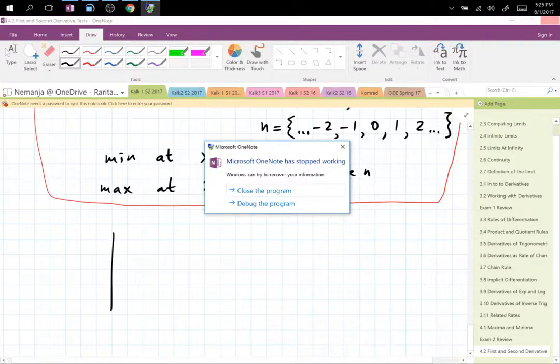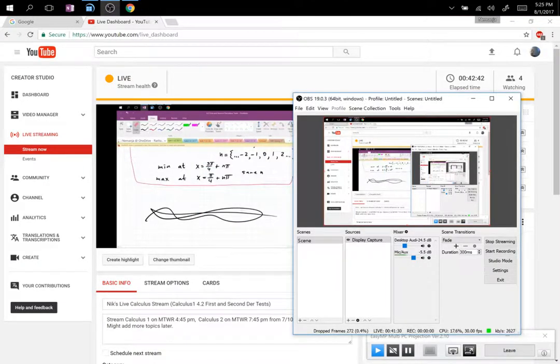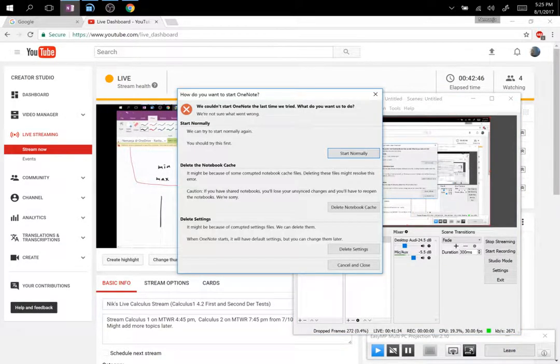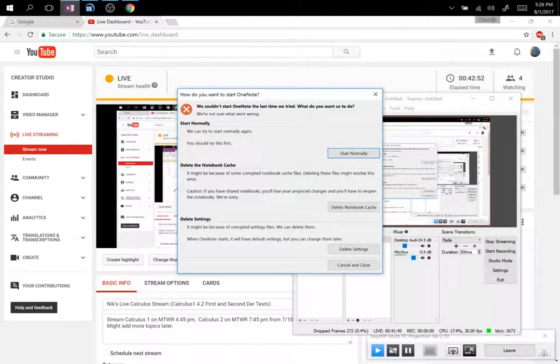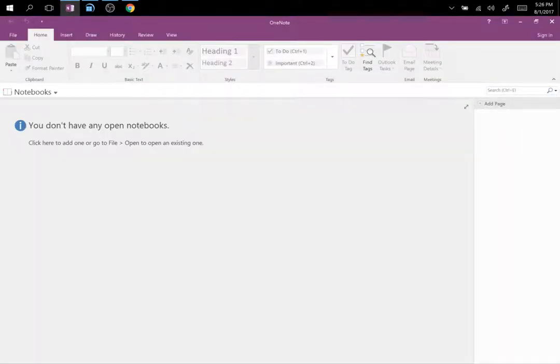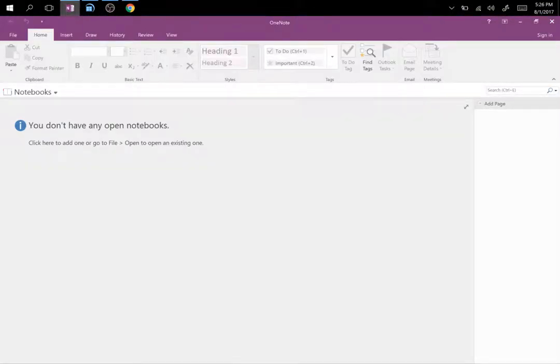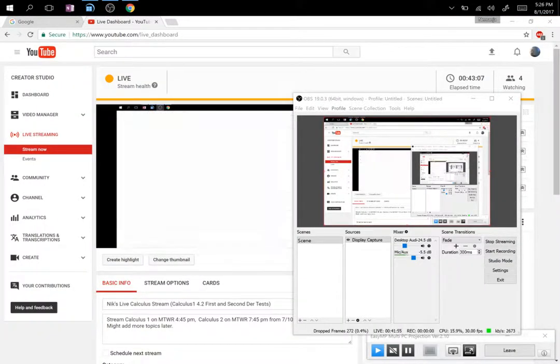It crashes every time I try to draw a sine. It had no issue with the squiggle.